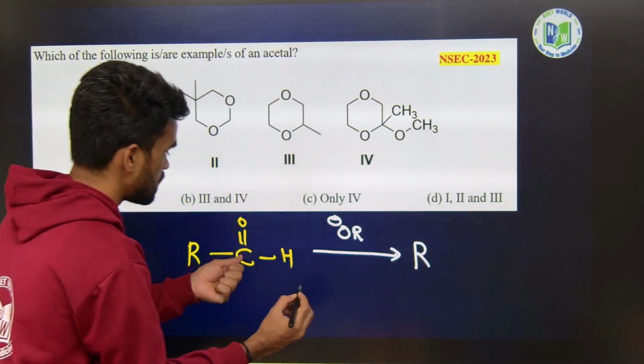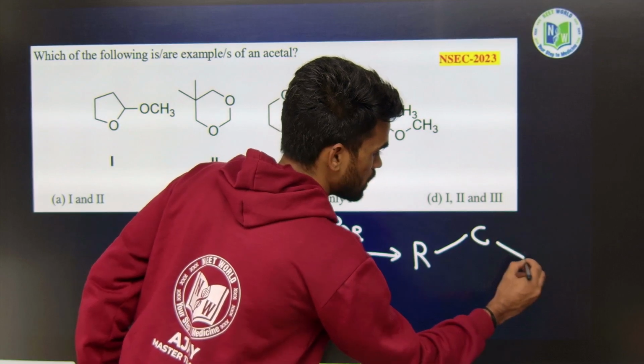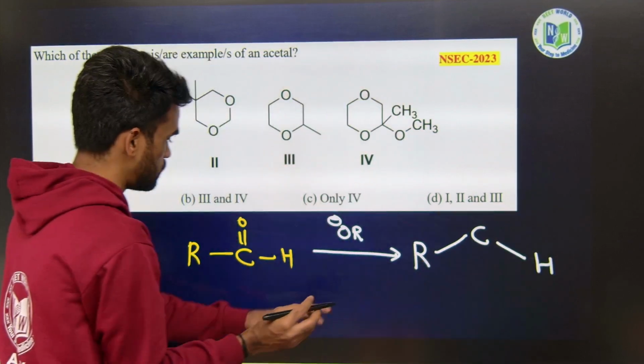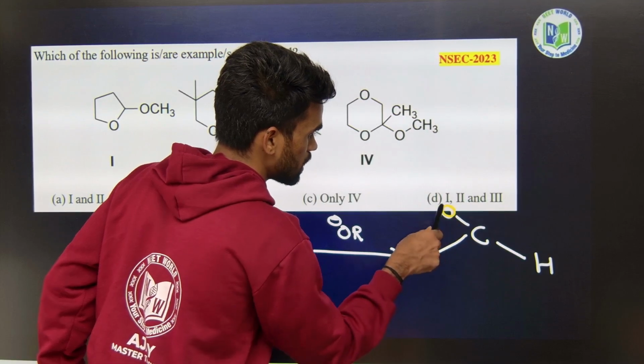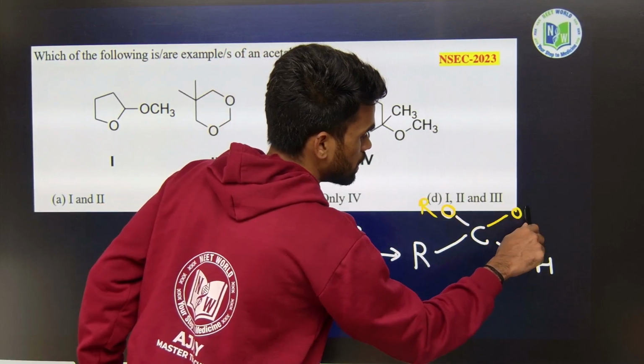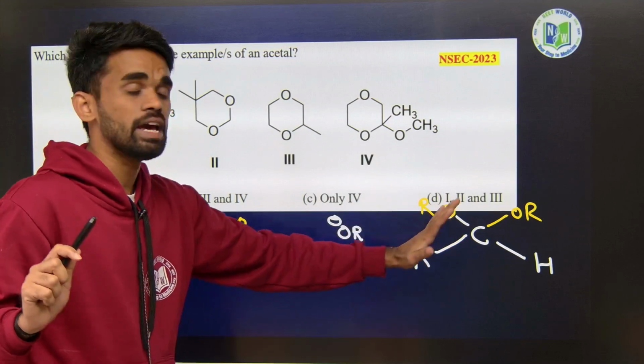R, see this is the electrophilic center now. So your carbon will be having one hydrogen, one R group, these come from the aldehyde, and you will be having one OR here and another OR here. So this kind of species can be considered as acetal.